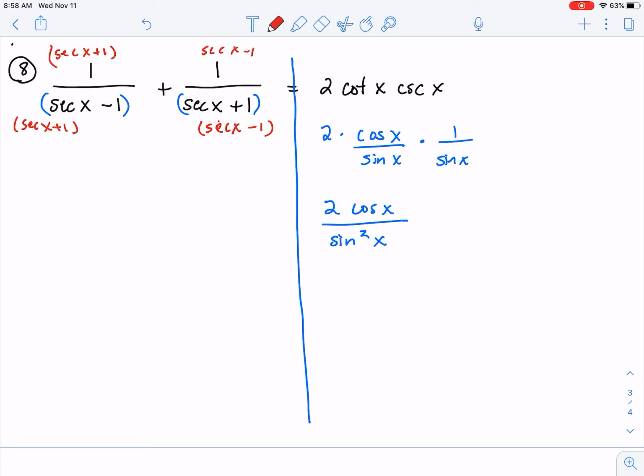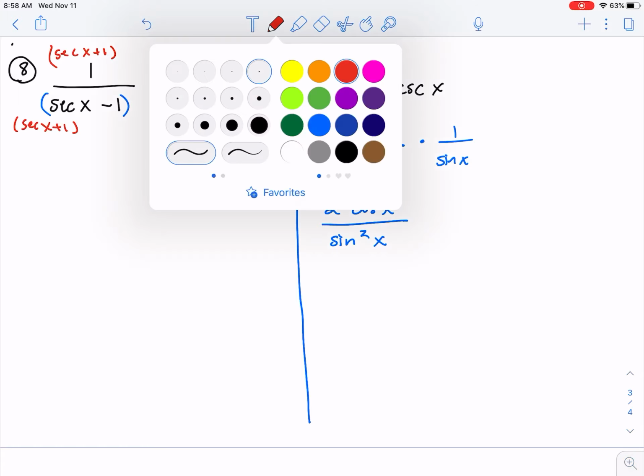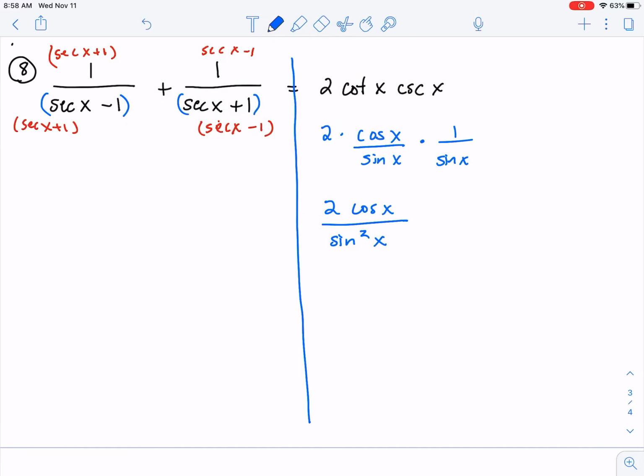Yep, that's what it looks like. Okay, so that means that my common denominator is going to be secant x minus 1 times secant x plus 1. And on the top, I have secant x plus 1 plus secant x minus 1. All right, well, nice enough.